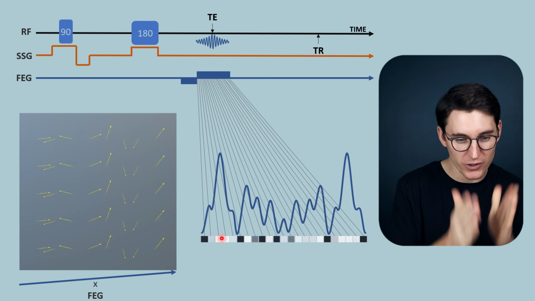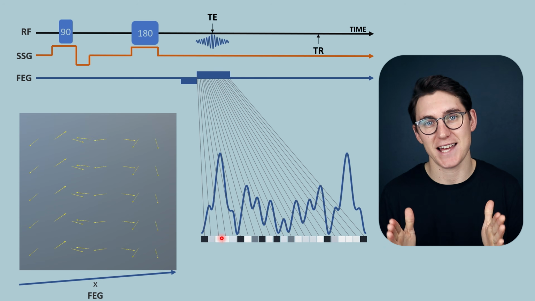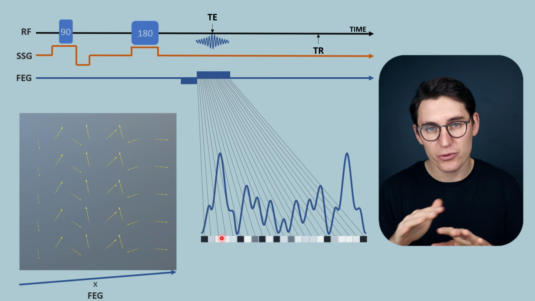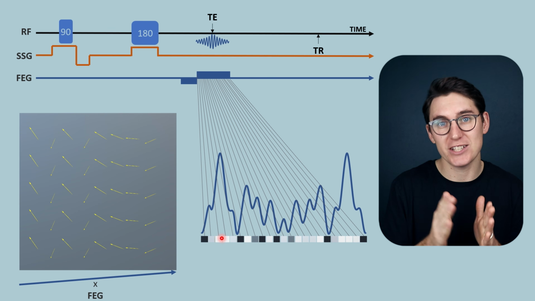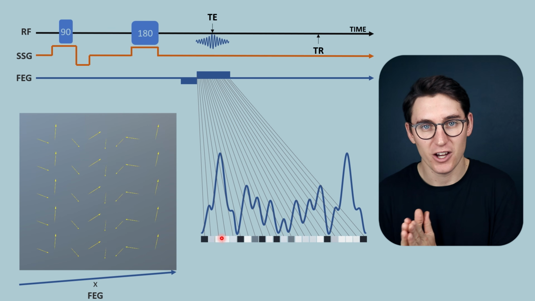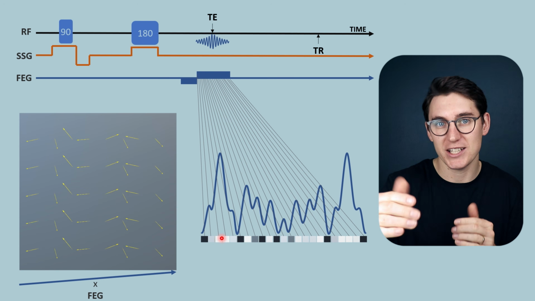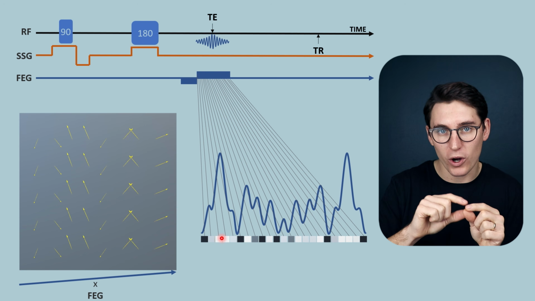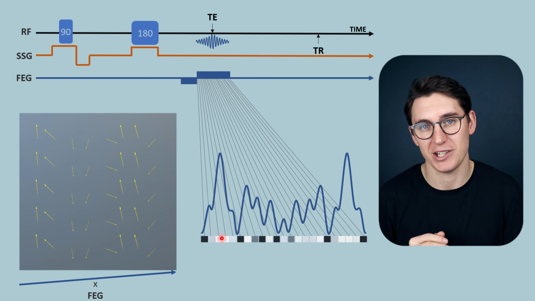Now, because the frequencies vary along the x-axis, we can use this specific signal to figure out what frequencies are contributing to it. Not only can we see which frequencies are contributing to this complex signal, but we can also delineate what the amplitude of those frequencies are.